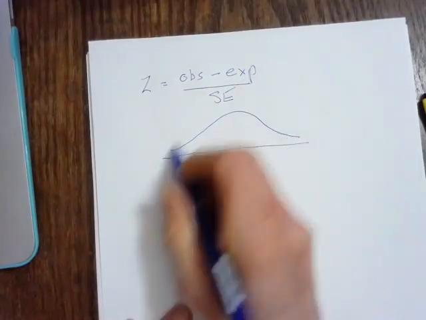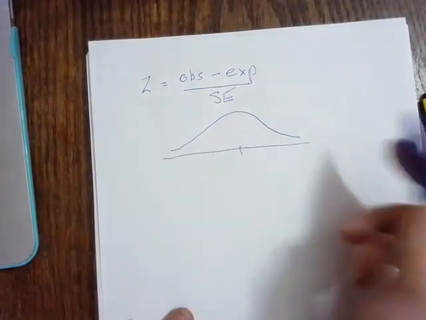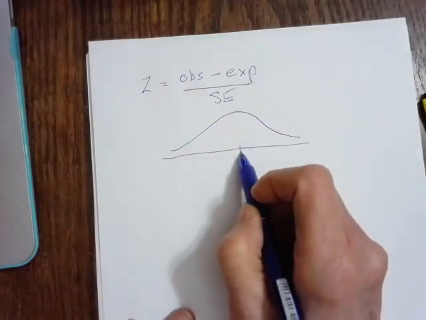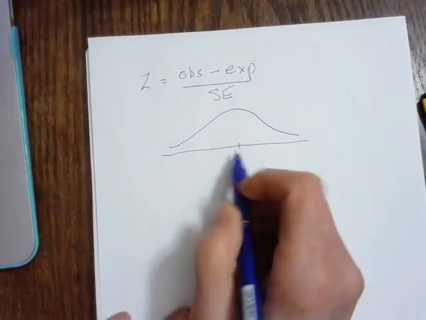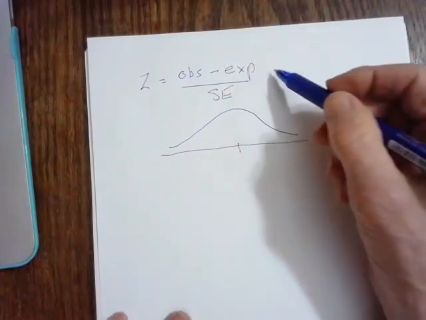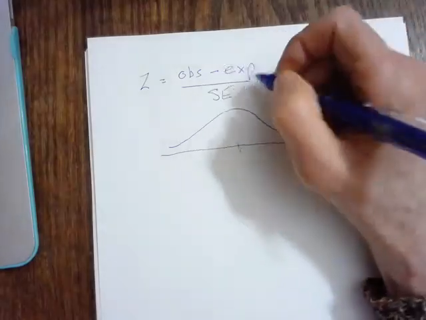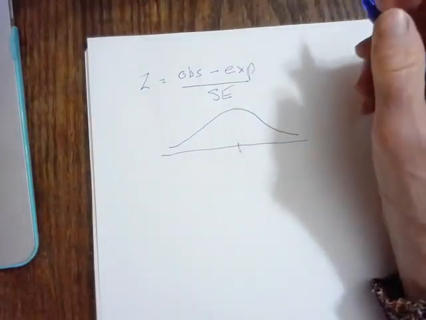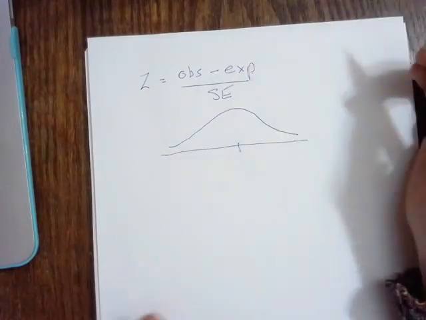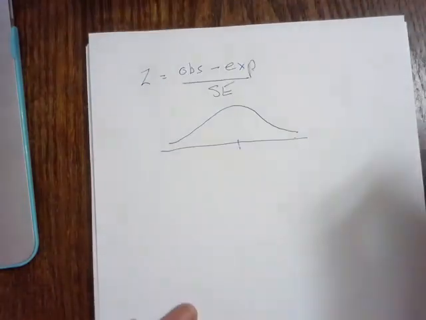The Z statistic looks like the normal curve here. When the null is true, this is the distribution of your sampling statistics. The expected is based on the null, and each time you take a sample, it's going to vary. So this is the distribution of that.